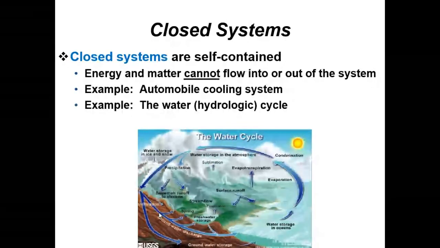The water cycle, also known as the hydrological cycle, is one of the most predominant closed systems on Earth. By that, I mean we have a set amount of water on Earth, and that amount hasn't changed in about 1 billion years.